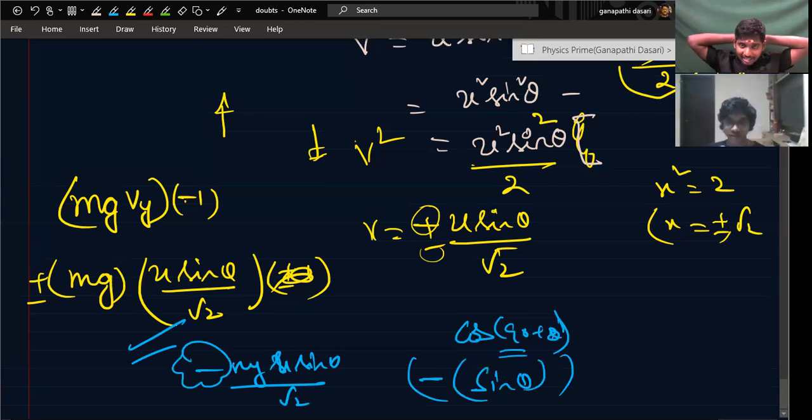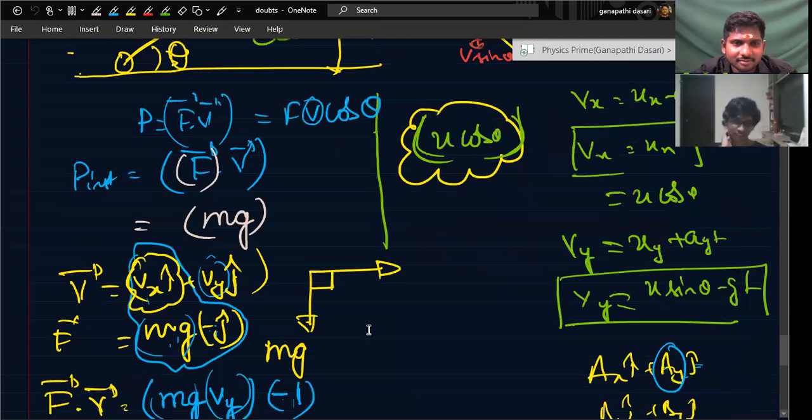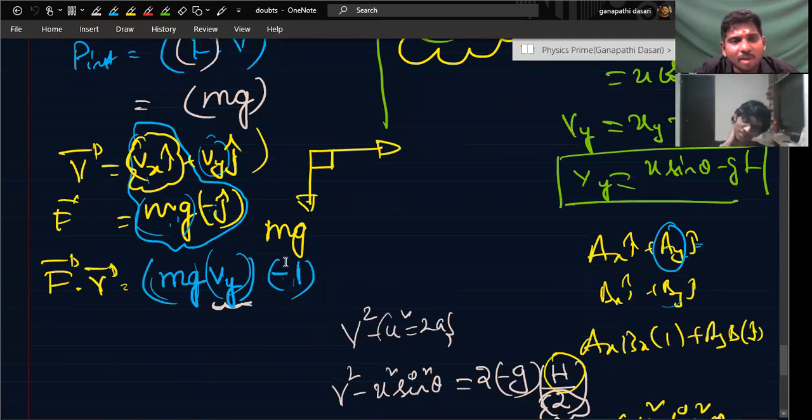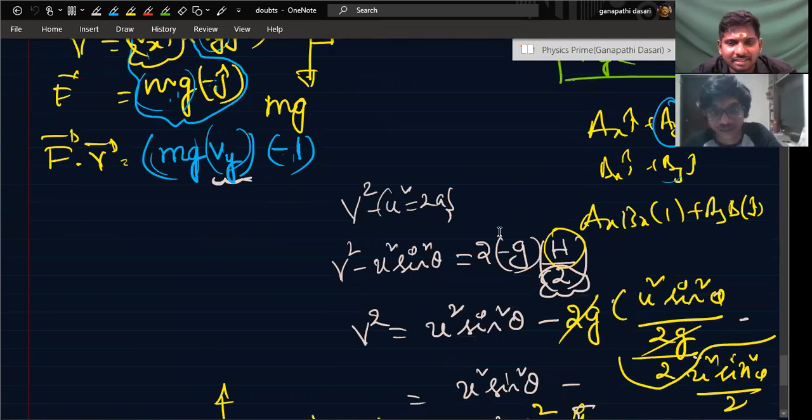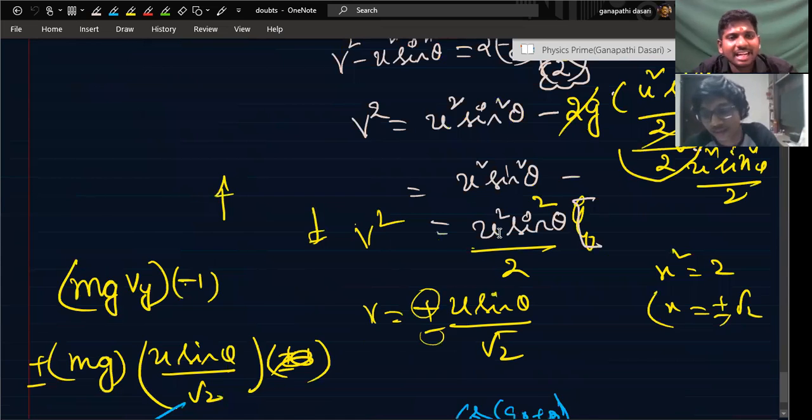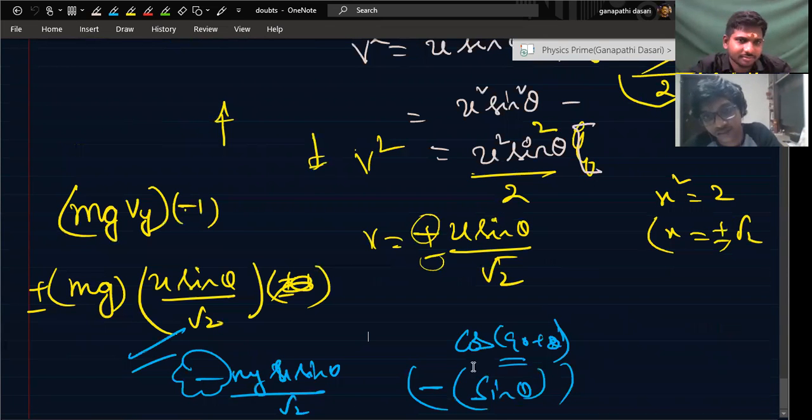This looked complicated, but nothing is complicated. The formula is F dot v. The x component dot product will become 0. I tried to find the y component by using the basic kinematics equation, which looked a little bit lengthy.